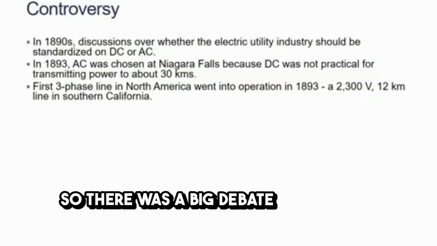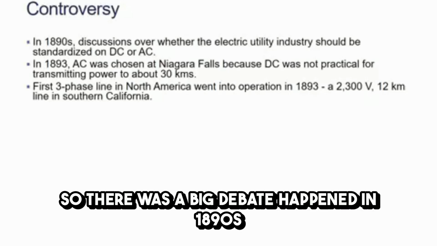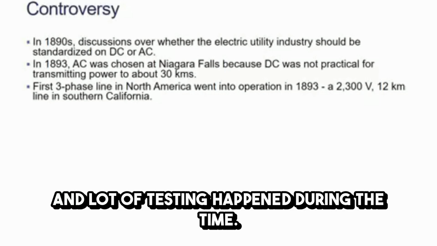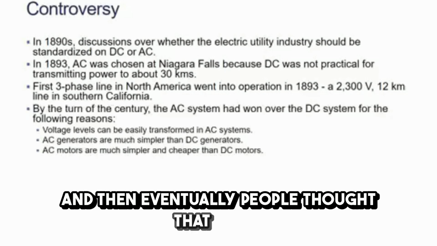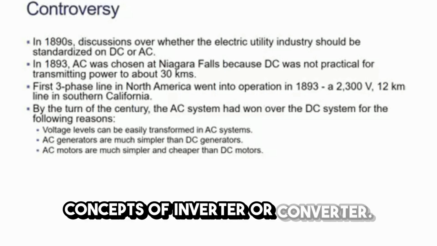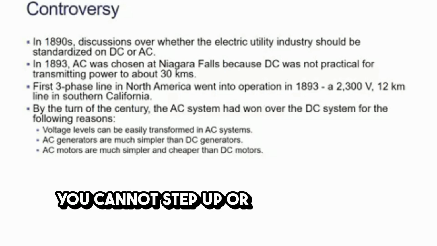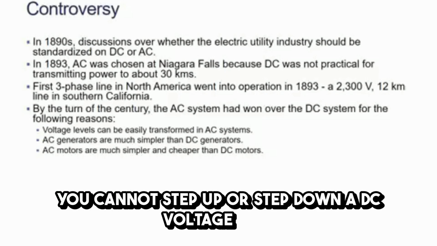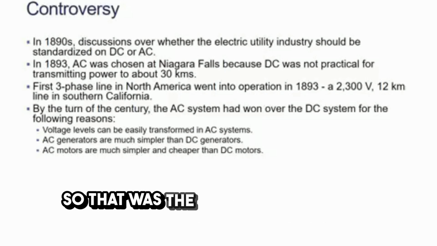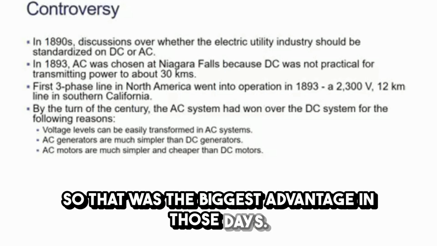So there was a big debate in the 1890s, and a lot of testing happened during that time. Eventually people thought that AC is the perfect thing, because the main reason was there was no converter available. In those days there was no concept of an inverter or converter. You cannot step up or step down a DC voltage, which you can do easily in AC systems. So that was the biggest advantage in those days.